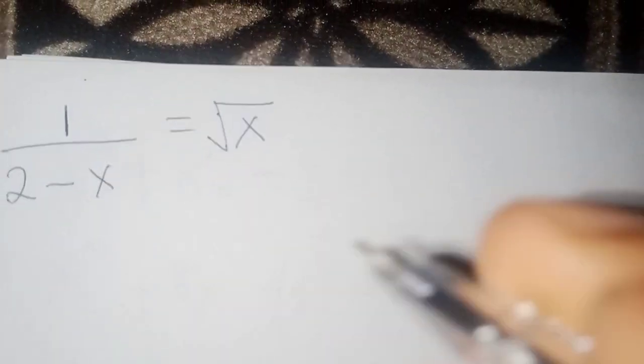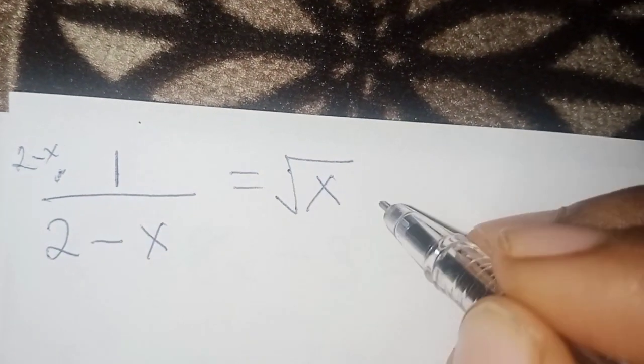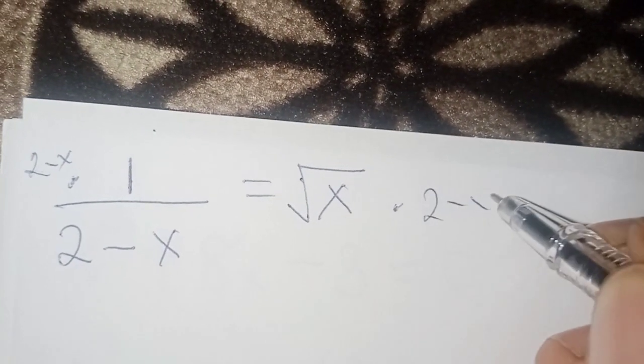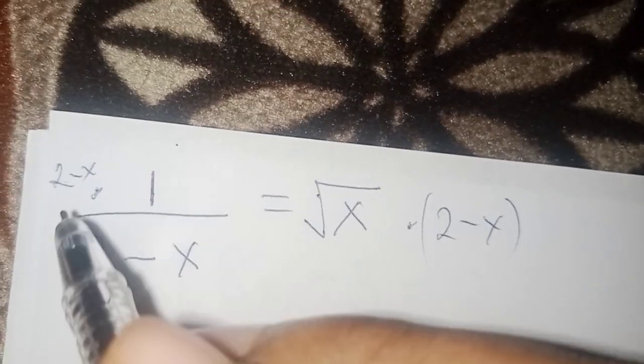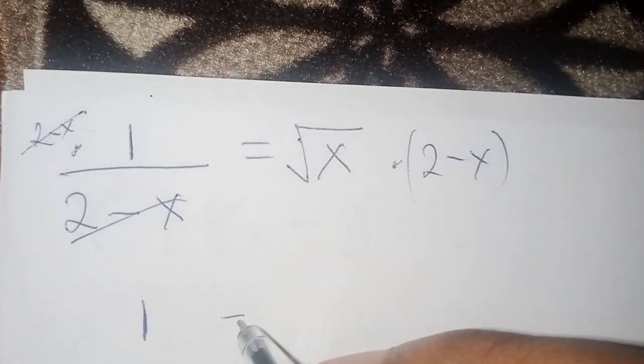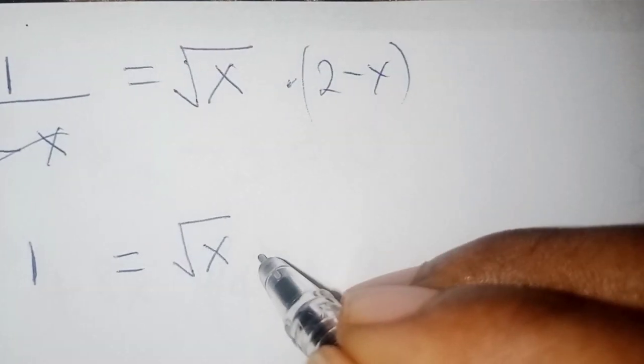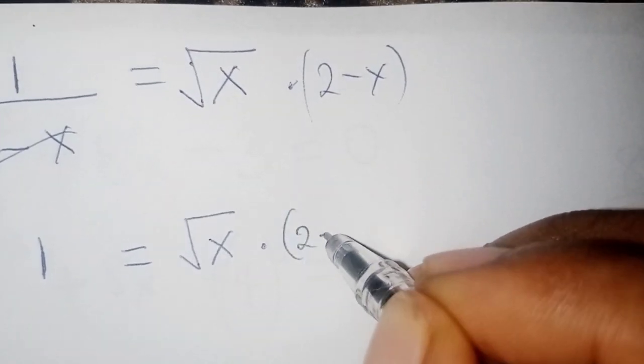All right, so that means we have 2 minus x here and 2 minus x here. So this cancels this and we have just 1 here equals root x times 2 minus x.